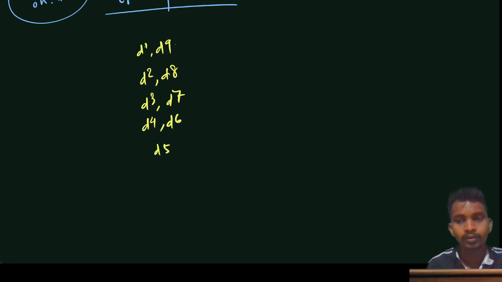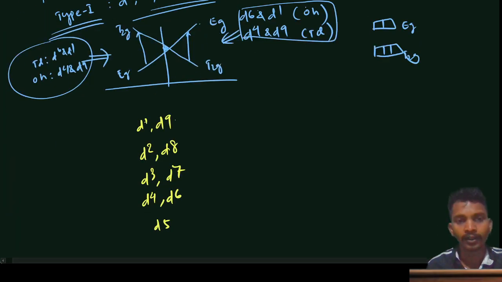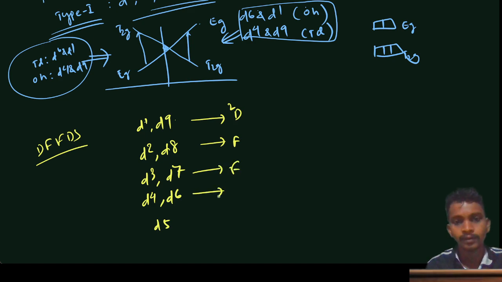So the terms for this will be: this starts with D, then F, F, D, S, so we have to remember D, F, F, D, S. This is 1, this is 2, this will be 3, this will be 4, this is 5, and this is 6.